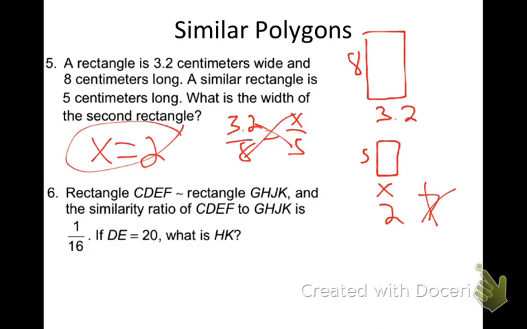Now the next one's kind of interesting. Rectangle CDEF is similar to rectangle GHJK. And the similarity ratio of CDEF to GHJK is 1 to 16. So that's like saying 1 to 16. That's my ratio. So if that were 1, GHJK would be 16.